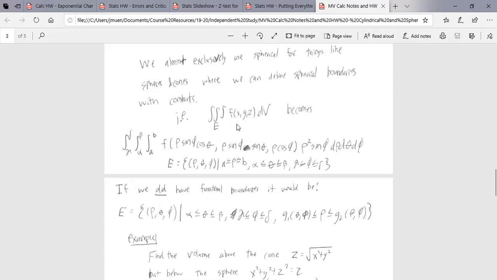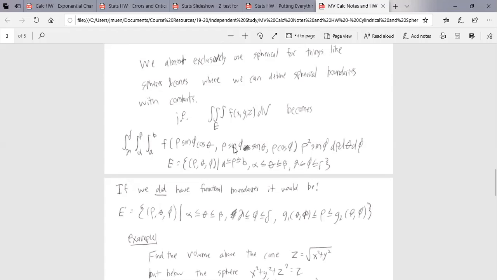Quite the mouthful. A lot of times there are two things that are going to make changing to spherical coordinates a problem. One of them is figuring out what your boundaries are, because it's not something that we often practice prior to this course.